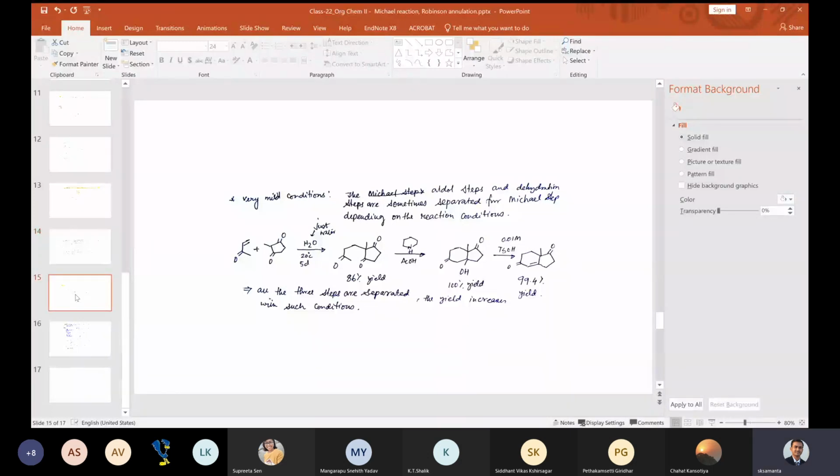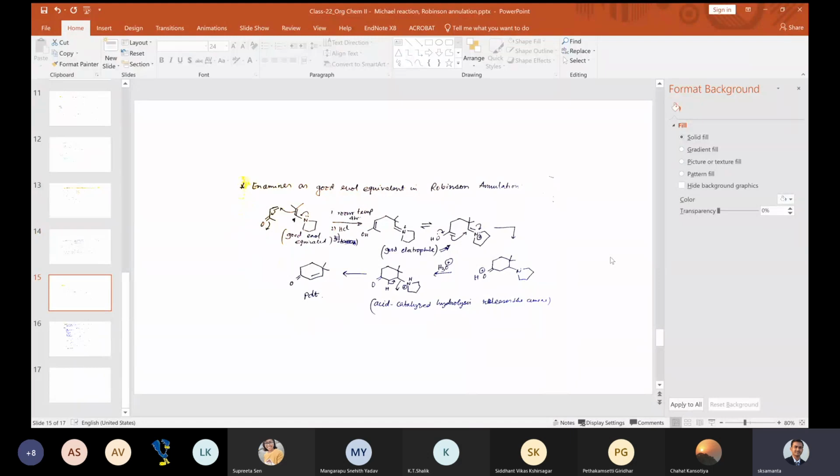We have just two more examples and then we are almost done. So enamines, we already discussed that enamines are a good stable enol equivalent that could lead to the Michael reaction.